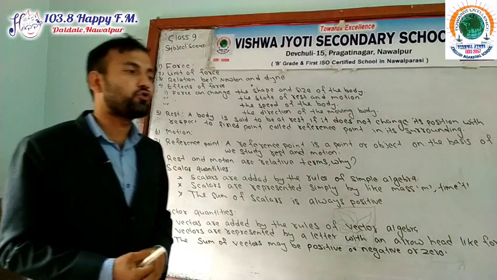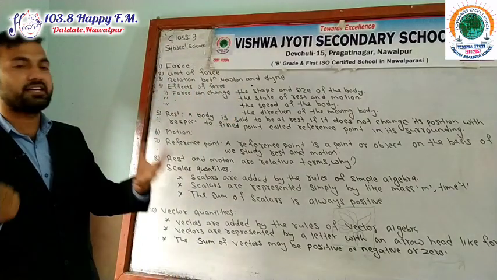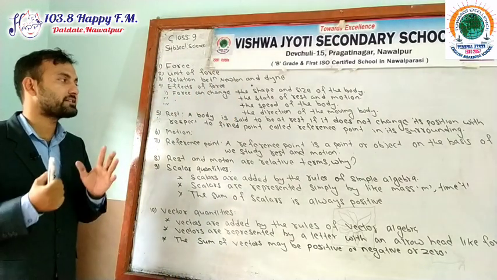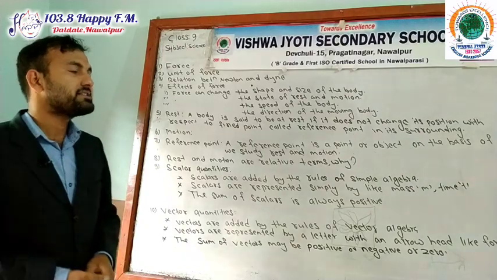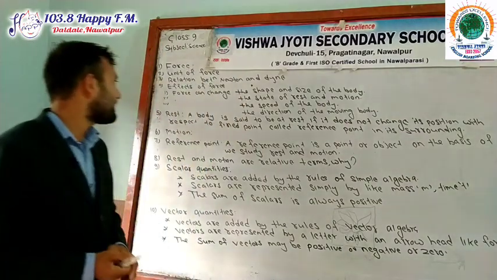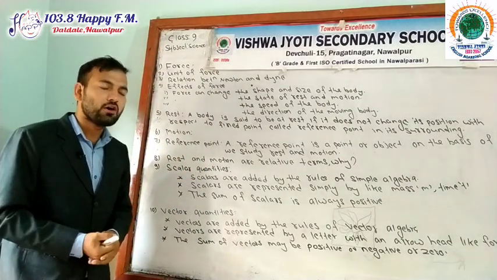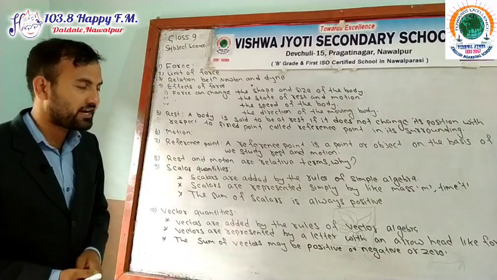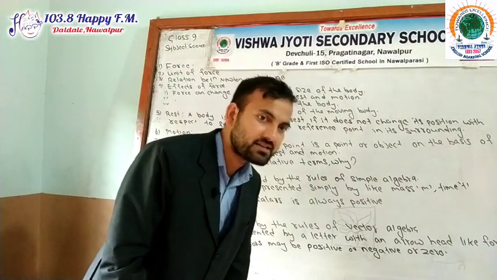What is rest? A body is said to be at rest if it does not change its position with respect to a fixed point, called the reference point, in its surrounding.